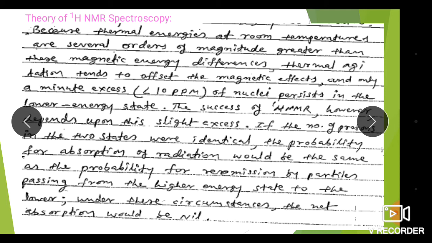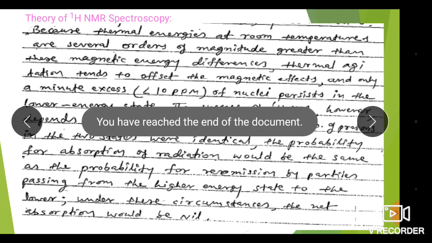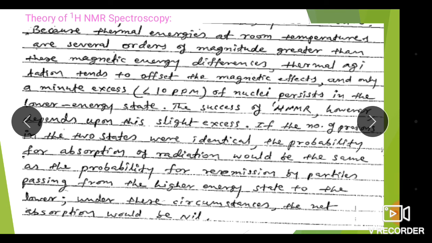What happens when there is the same number of nuclei at the higher energy state and at the lower energy state? There is a probability of re-emission by the particles passing from the higher energy state to the lower energy state. So in these circumstances the net absorption would be nil, because re-emission also takes place.